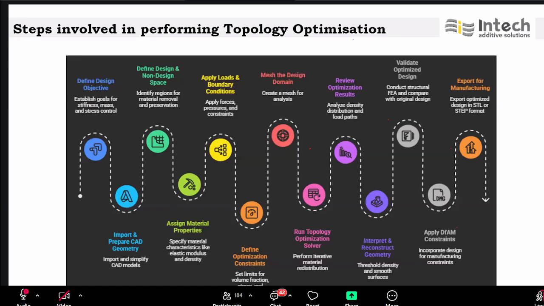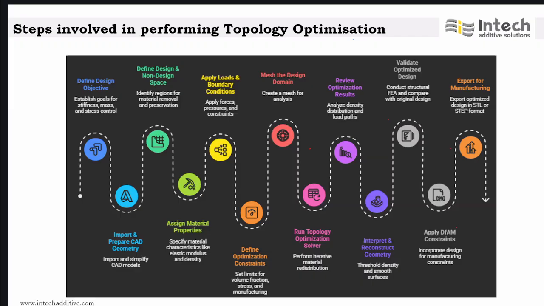And that optimized result, again, we need to validate. We cannot just use it like that for the final application. So again, it has to be checked with the static structural analysis to make sure that it's within the stress limits. And finally, we have to export it for the actual manufacturing.